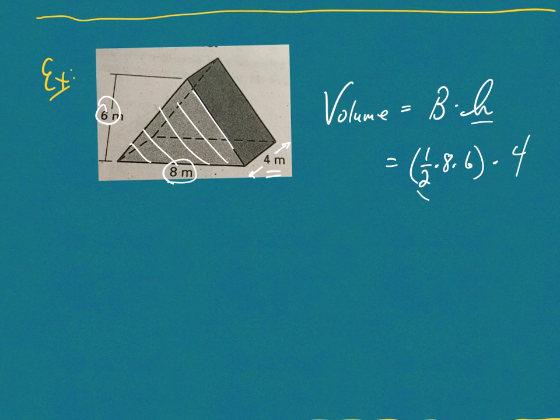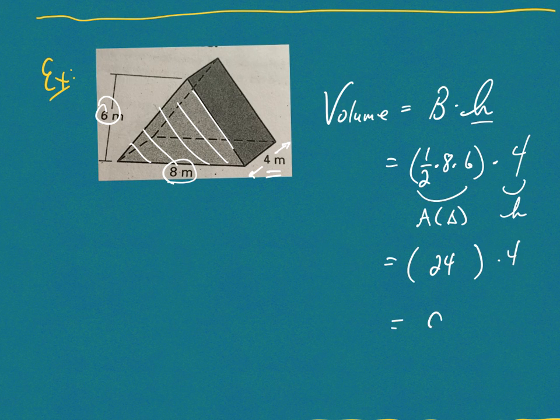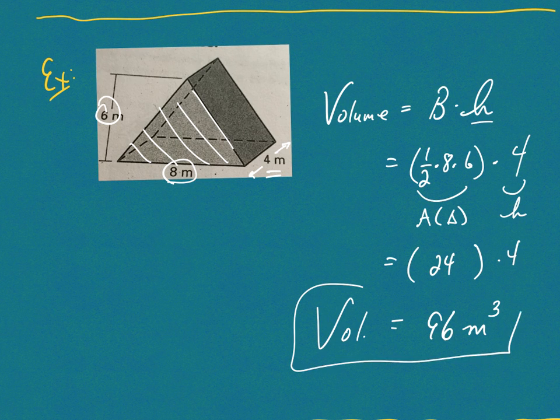So what we have here is the area of the triangle, and what we have here is the height between the front and the back. And when you do the math, the area of the triangular base is 1/2 times 8 times 6, which is 24. And then 24 times 4 gives us 96. And you can see the units in the picture are meters. So our volume then would be 96 cubic meters.